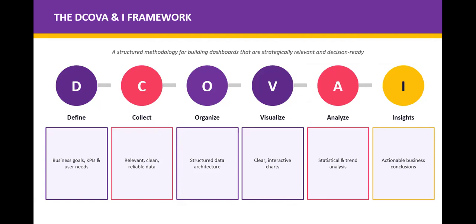The first is define, the second is collect, organize, visualize, analyze, and insights. Now, a good dashboard should help answer some of the business questions, and only then does it bridge the gap between raw data and strategic decision making.